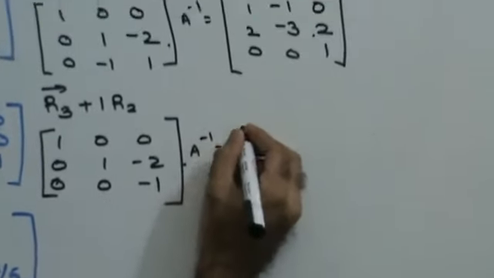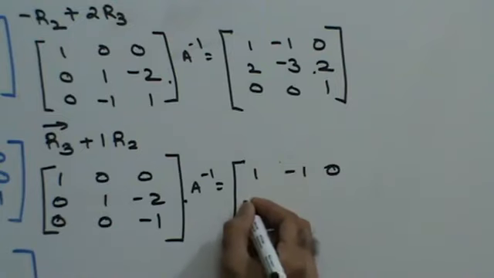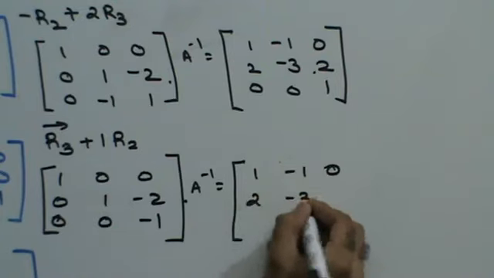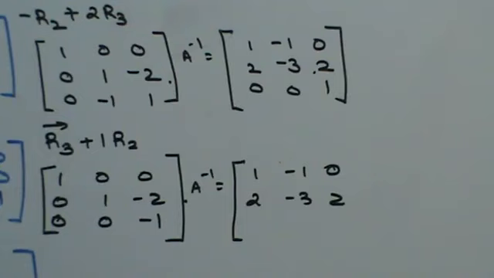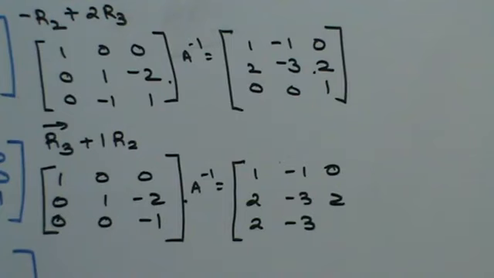A inverse is 1 minus 1, 0. 2 minus 3, 2. R3 plus R2. 0 plus 2, 2. 0 minus 3, minus 3. 1 plus 2, 3. I want to make this number as 1.